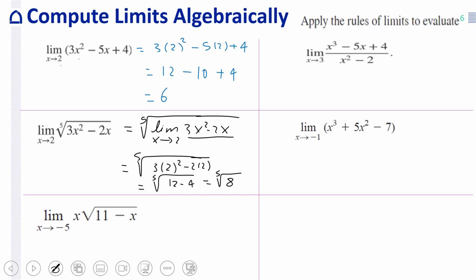Here, you can first distribute the limit over the multiplication, right? So you have the limit when x tends to minus 5 for the first part, and the limit for the root. Now you can take the limit inside, so you have two limits.